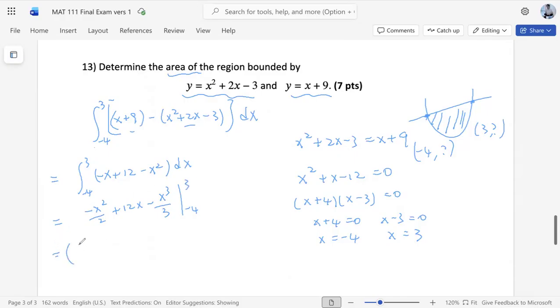At 3, we get -3 squared, which is 9, divided by 2, plus 12 times 3, 36, minus 3 cubed, divided by 3, 3 squared, which is 9. Then, evaluate at -4, we get -4 squared, +16. -4 times 12, -48.